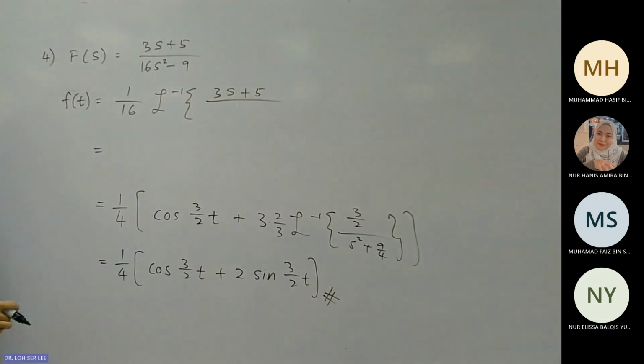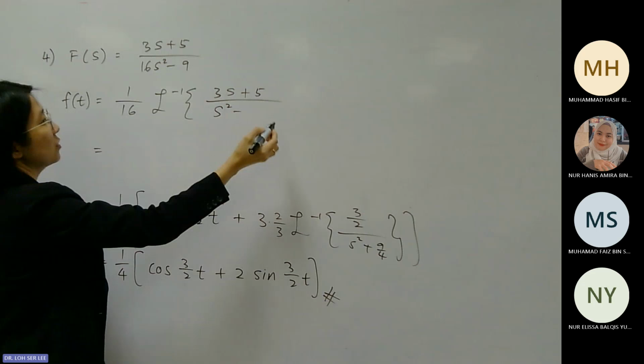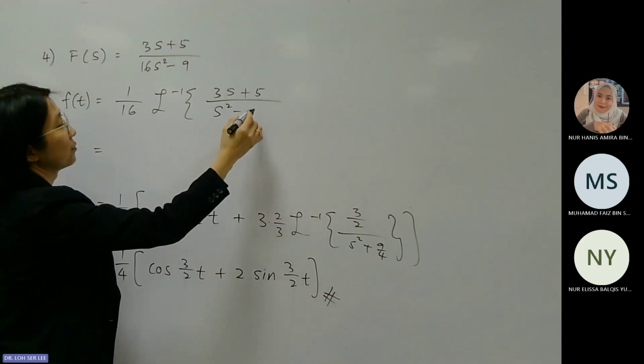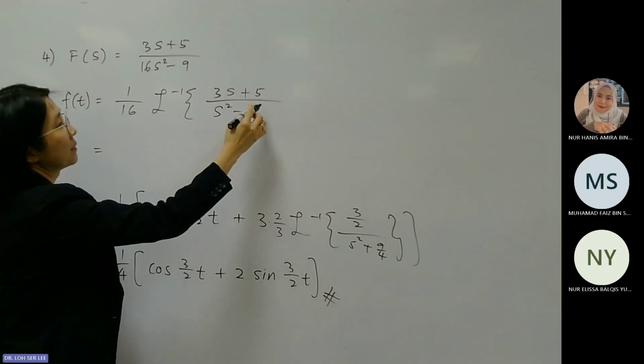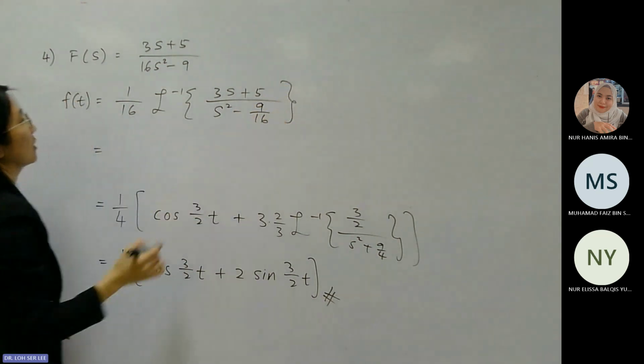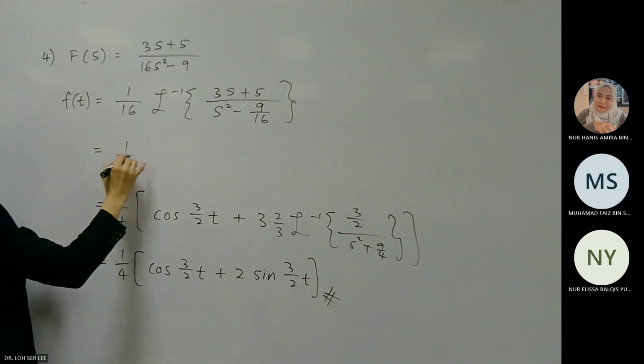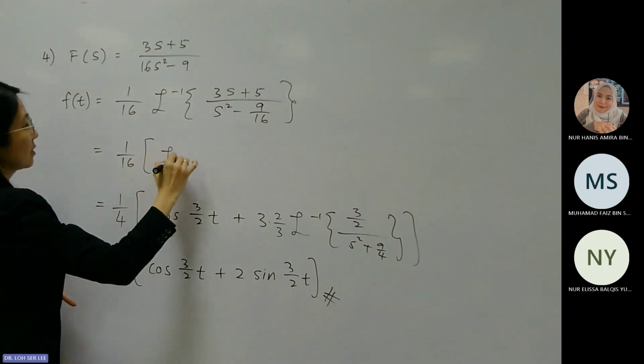So your bottom function will be s minus 3, squared, minus 9/16. Next, separate.